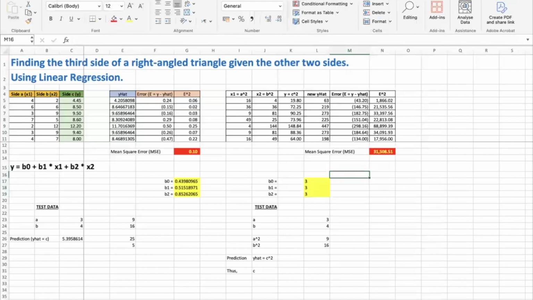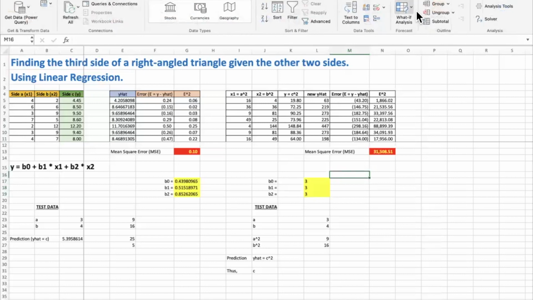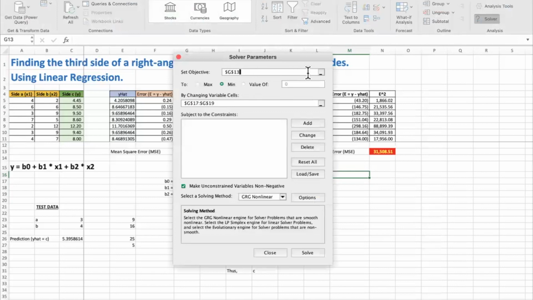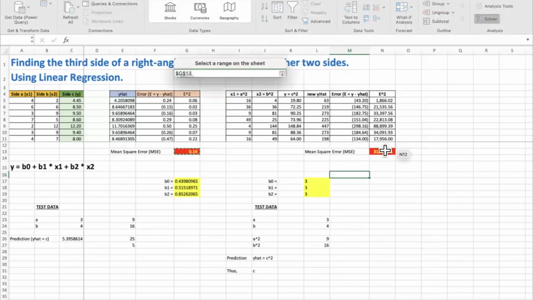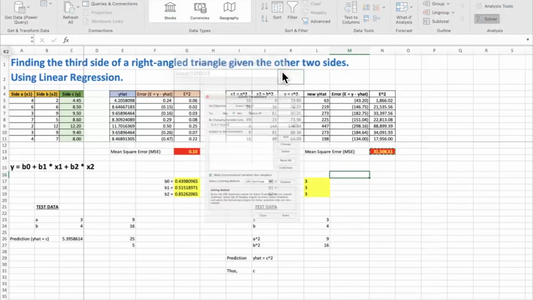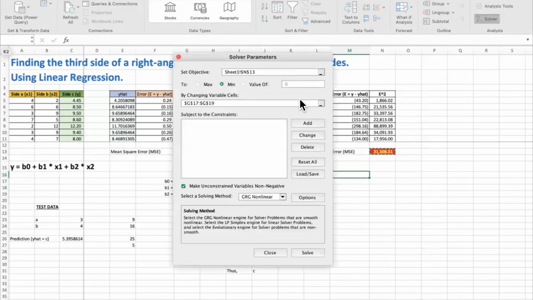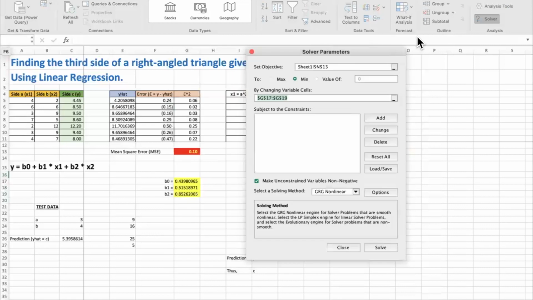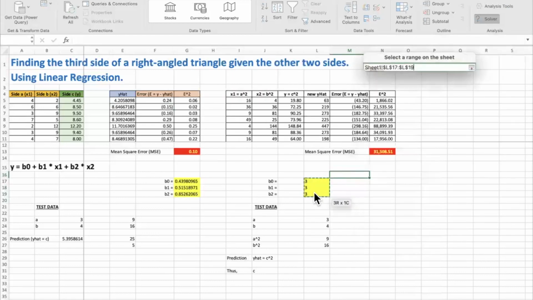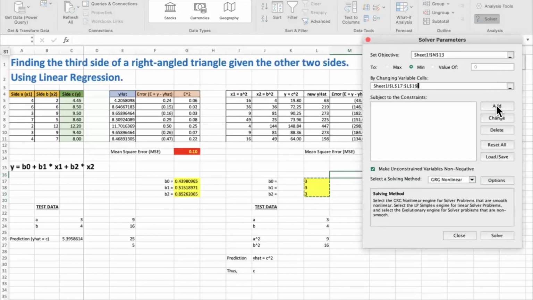So let's go ahead and set up the linear programming problem. We go to solver and we change this. This is now going to minimize this value, by changing the cells. Let's change this to these values, and we have no other constraints. So let's solve it now.